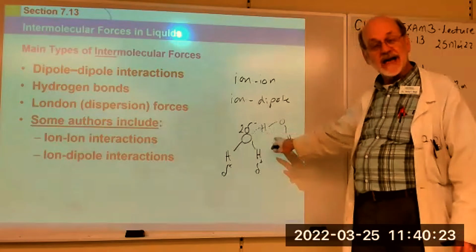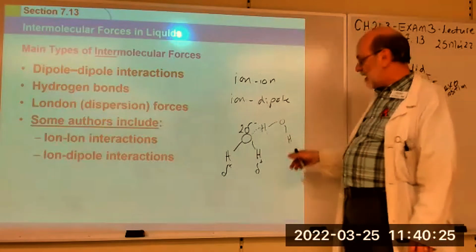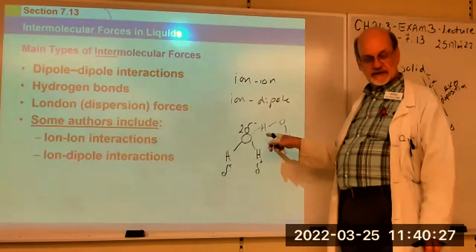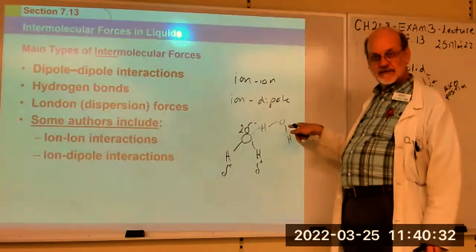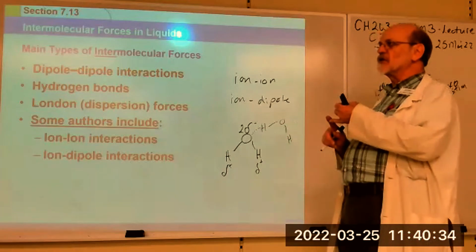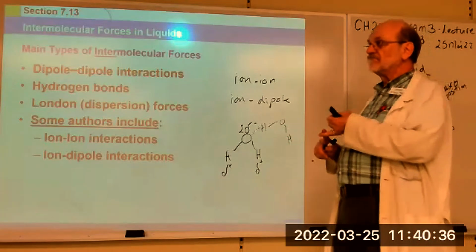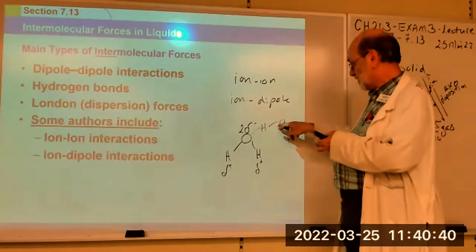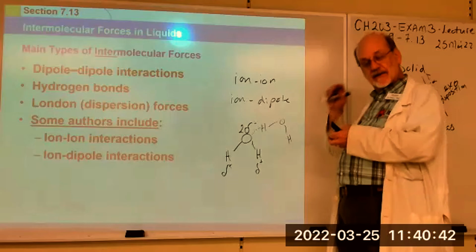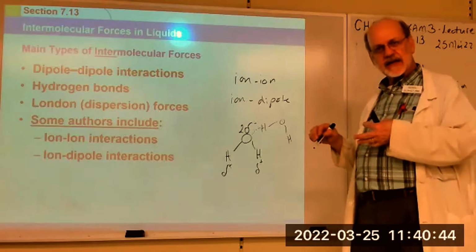This is a special kind of dipole where you have hydrogen involved. Hydrogen and an electronegative atom. Oxygen is good, nitrogen's good, fluorine is good as this atom, right? It needs to be highly electronegative.